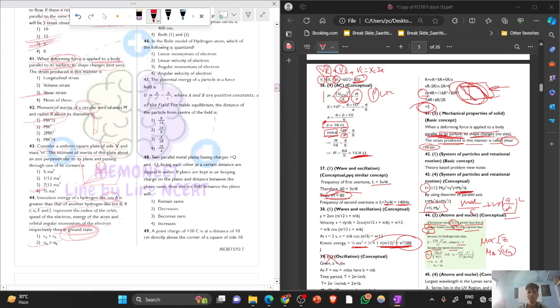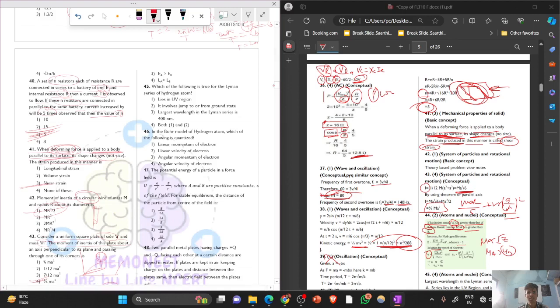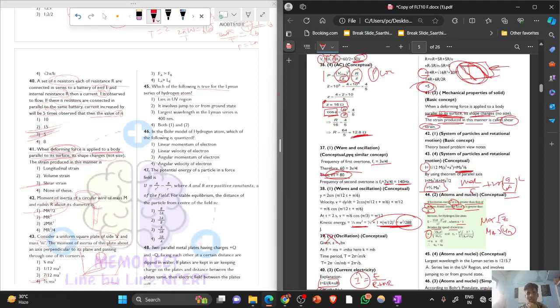Now moving ahead, which of the following is true for the Lyman series of the hydrogen atom? Lyman series is again a fundamental or theoretical question. Lyman lies in UV.